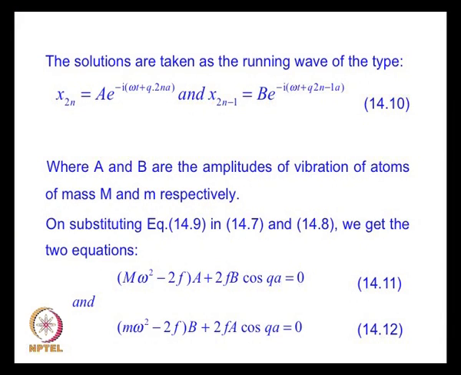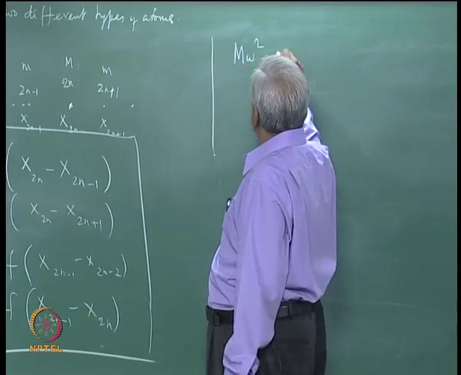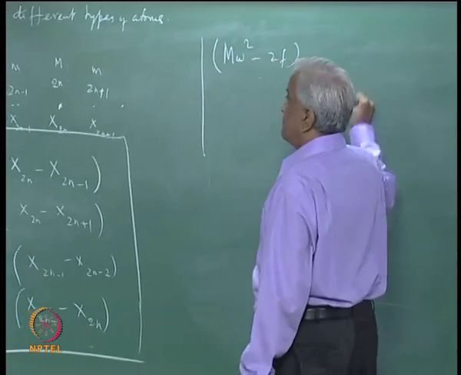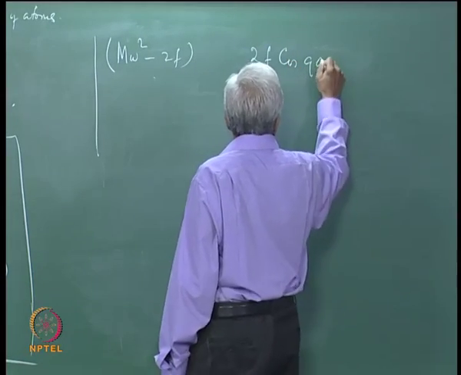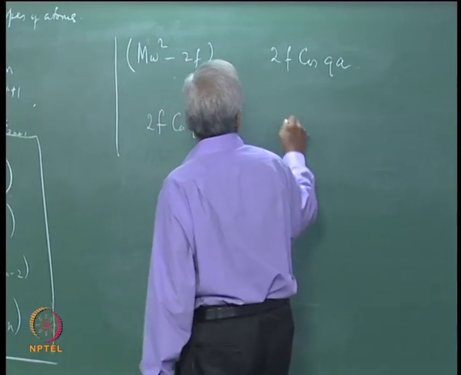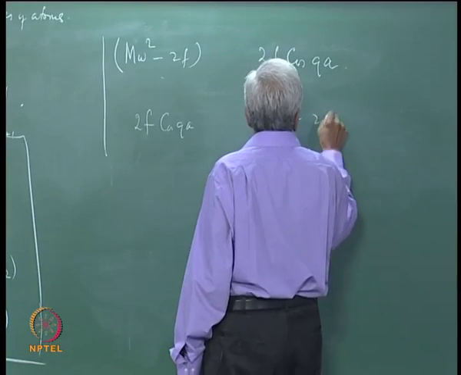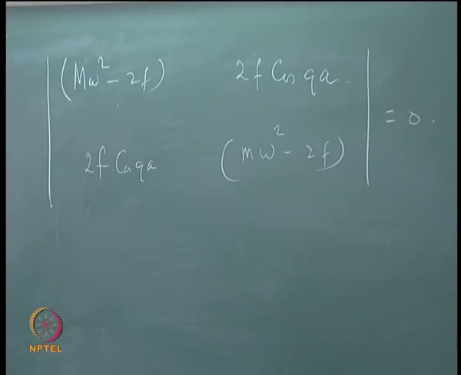Solution of this requires the determinant of the coefficients to vanish for a non-trivial solution. So, setting this determinant equal to 0 is a 2 by 2 determinant, which has the form, so that would be the determinantal solution.